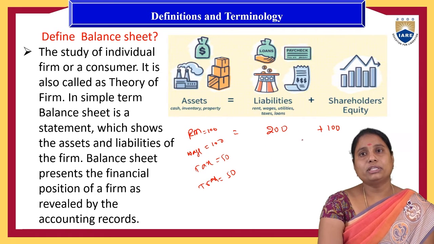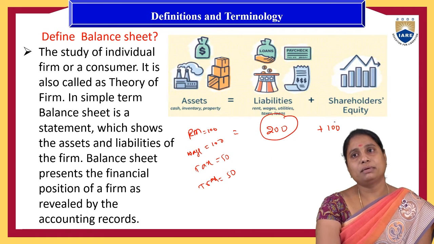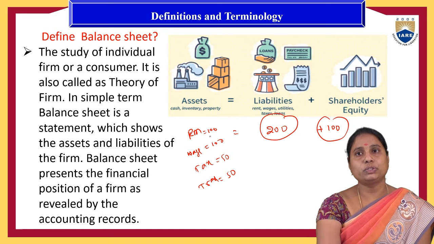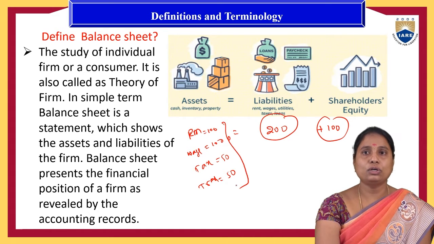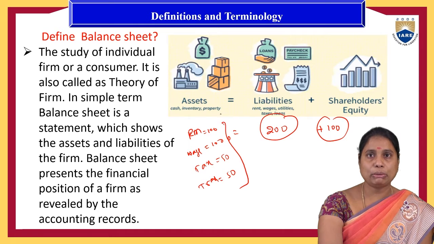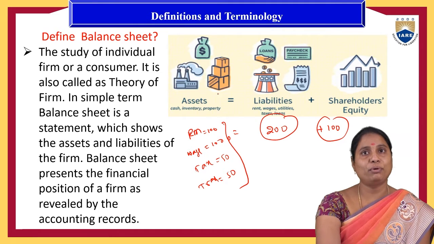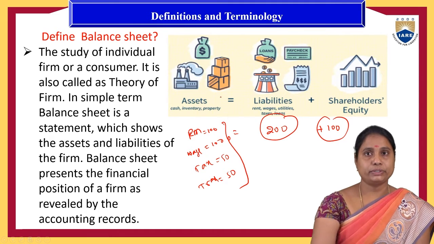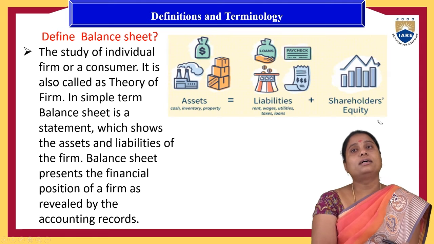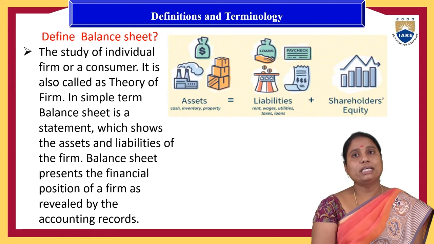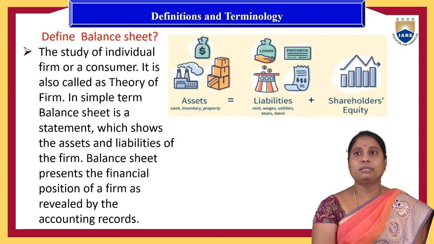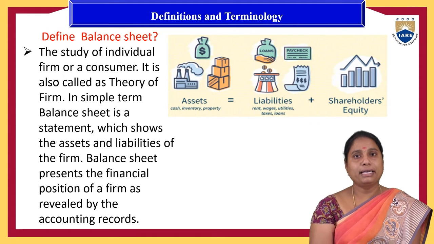So now, for the 300 equivalent, whether his liability as well as his equity amount is tallying or not, is going to be evaluated with the help of this balance sheet. So that's why the accounting equation, that is assets equals liability plus the shareholders equity, is going to be verified with this balance sheet.